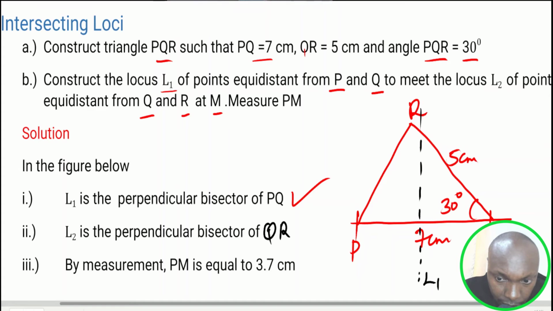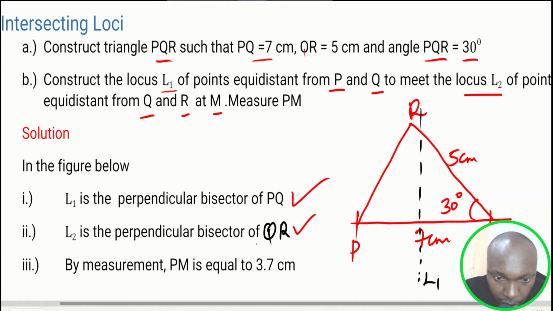Then the second type of locus is L2, the locus L2 of point equidistant from Q and R. That one also is the locus of point equidistant from two fixed points. So the two fixed points are Q and R. So to get the locus, we just construct the perpendicular bisector of QR.